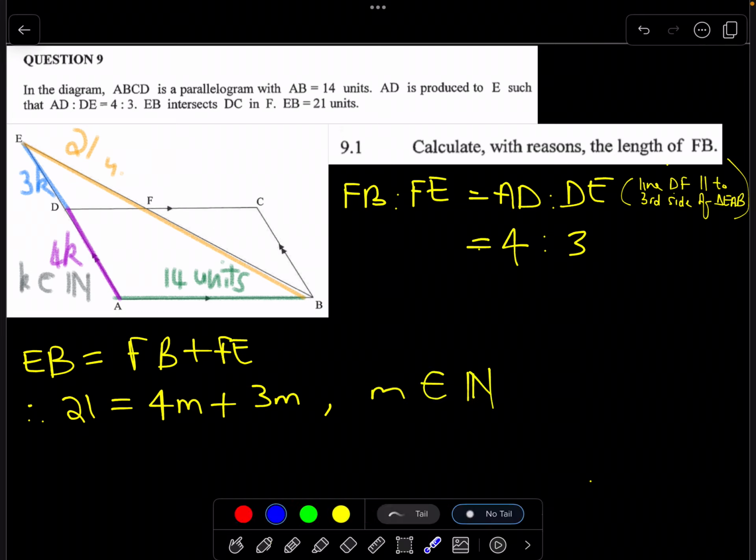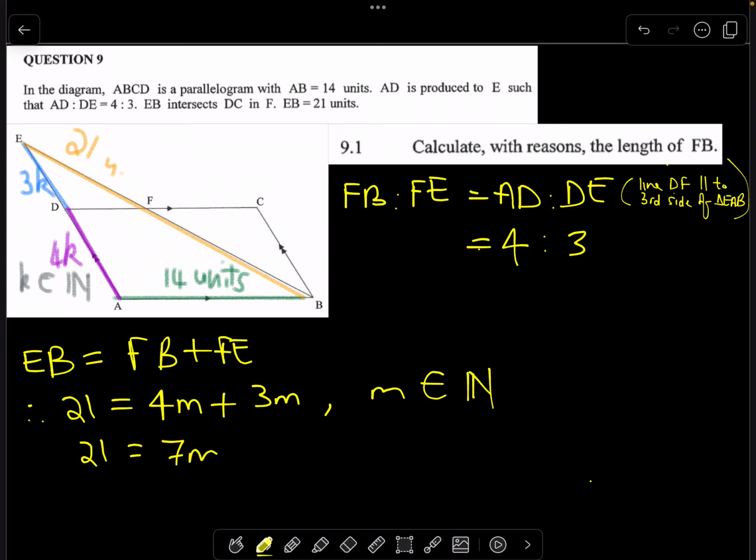We don't know how long each of these is, but we know the ratio is 4 to 3. If this is 4, this is 3. If this is 8, this is 6. Solving this equation, m is equal to 3.